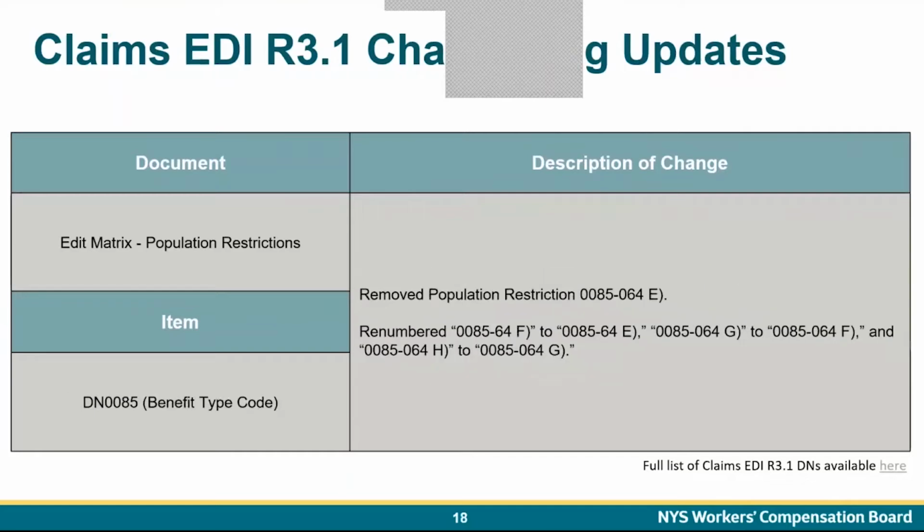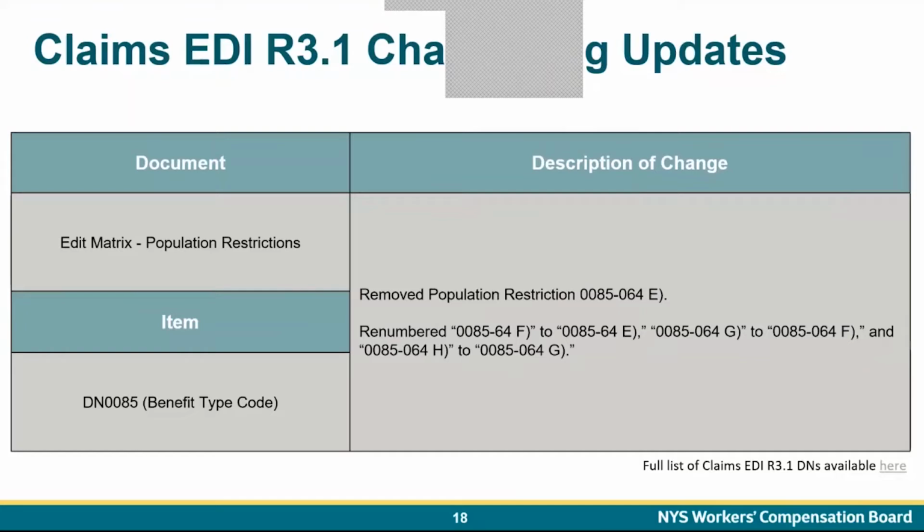So for the population restriction for DN 85, in this case here, we removed the population restriction for 064E. The population restriction was replaced in this instance by 0288064J. And what that does is it displays the error only once based on the number of benefits, rather than for every benefit segment.